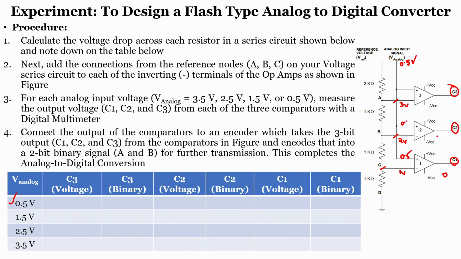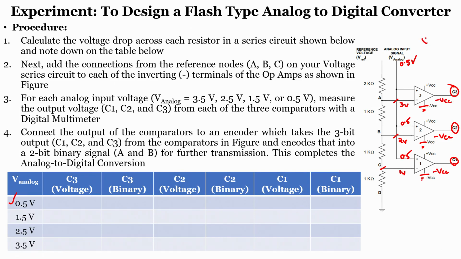This is also at 0.5 volts, this is 2. So, negative voltage is higher. Again you will get 0, because I am connecting minus VCC to ground. Otherwise, you will get whatever voltage you apply at minus VCC. This is also minus VCC, and this is minus VCC.